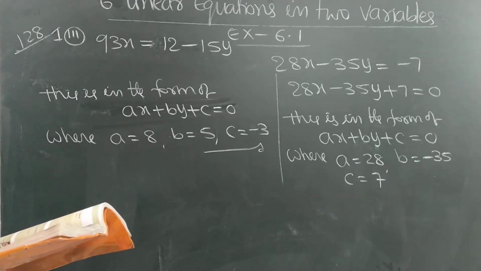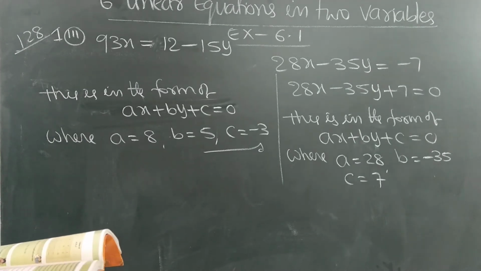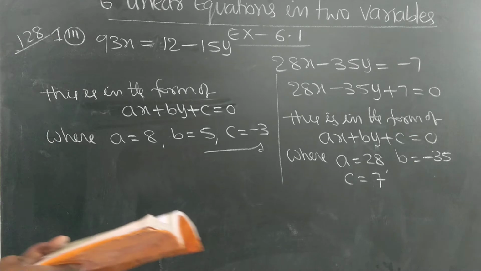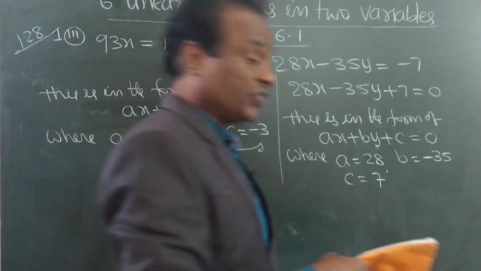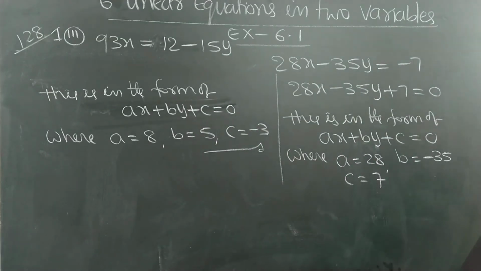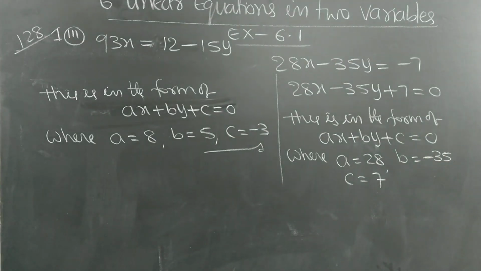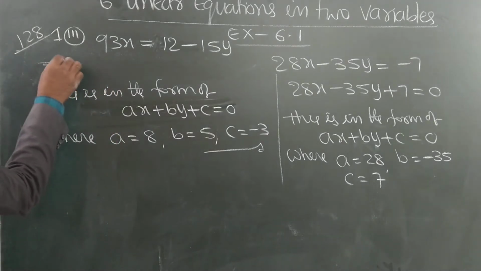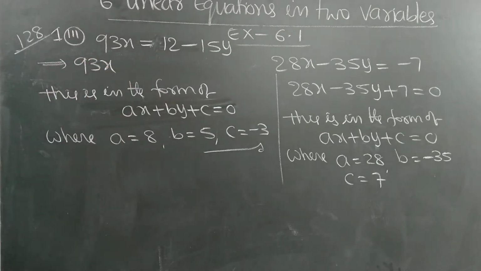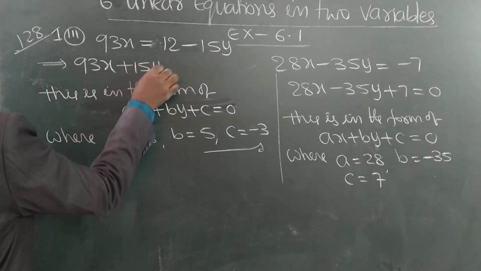93x is equal to 12 minus 15y. Say here, 93x minus 15y this side plus 15y.